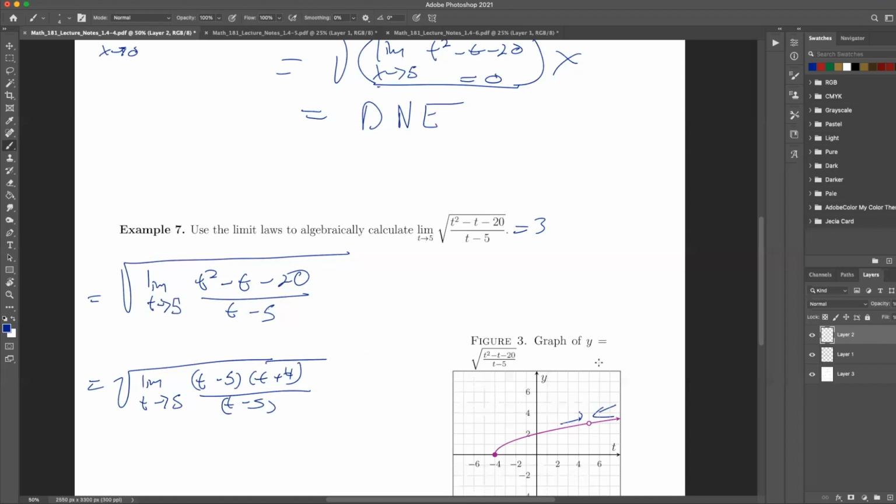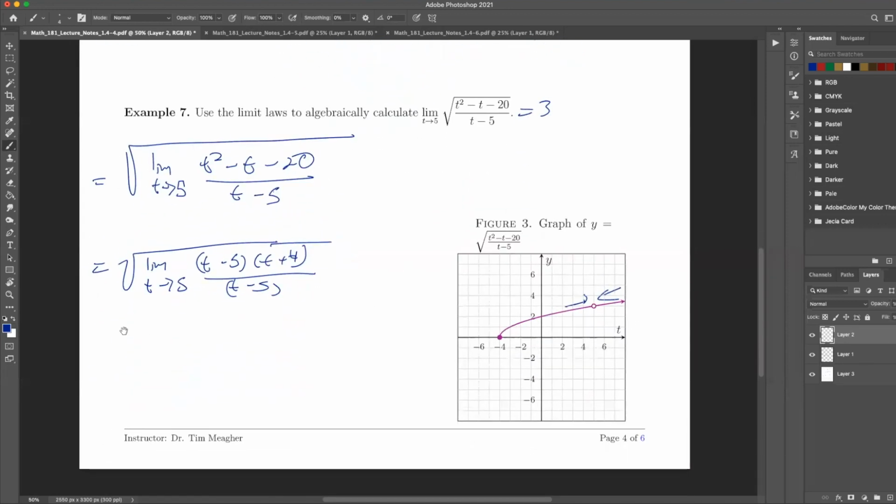Since we're not actually 0 here, I'm allowed to cancel those two, which is something I'm allowed to do. And so here I'll have just t plus 4. Now, is 5 in the domain of this function? The answer is yes. So this limit here equals 9, and so we plug in a 9 here. And so here we get 3.